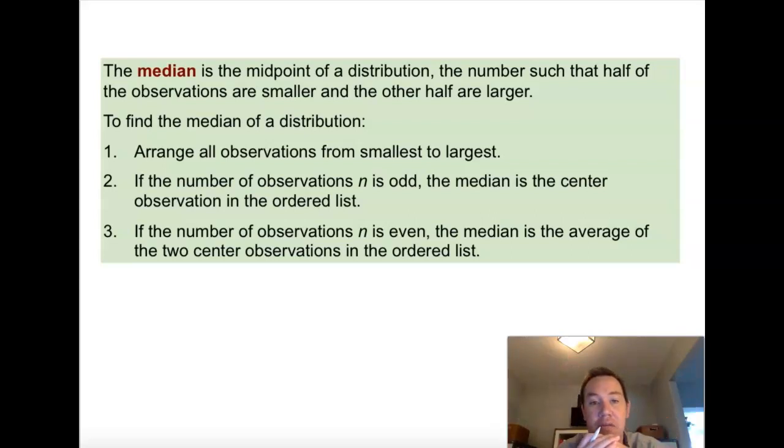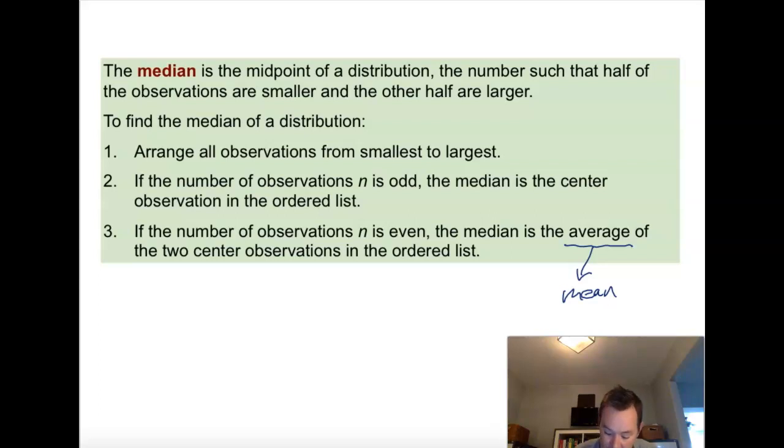To find the median, you're going to arrange all observations in order from smallest to largest. If the number of observations is odd, the median is the middle number in that list. If it's even, the median is the average of the two center observations. And when I say average in that case, I'm referring to the mean of the two centered.